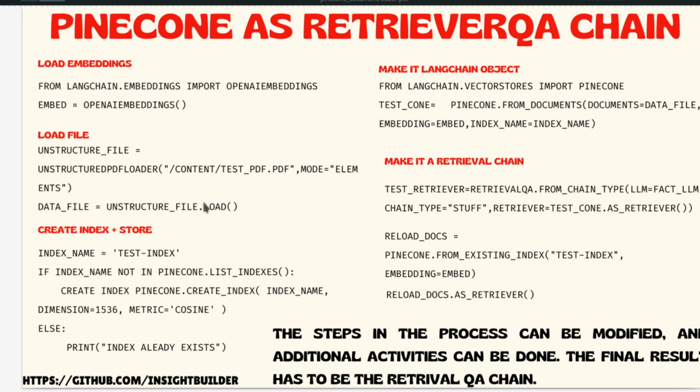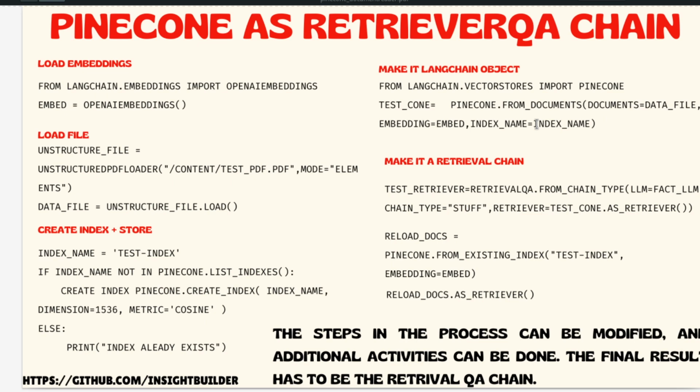OpenAI, unstructured library, Pinecone library, and all this is coming into Langchain library. So a lot of things are interacting together. This is why I am again and again telling, look at the problem. Whenever you are looking at something that you want to do, see what kinds of problems you have to solve. Most of the time the problems are already solved for you. Only thing is it's not solved as a single complete package.